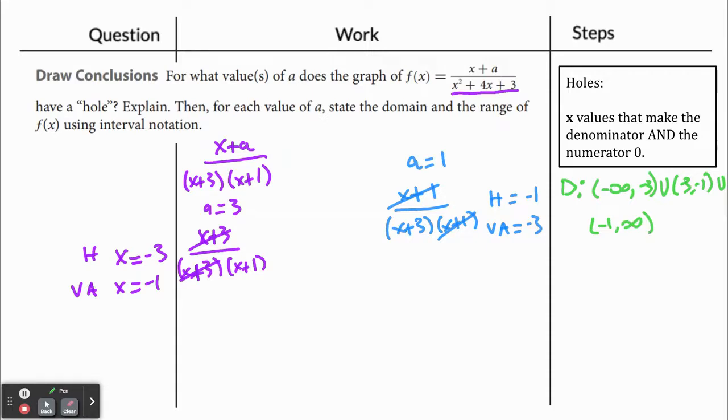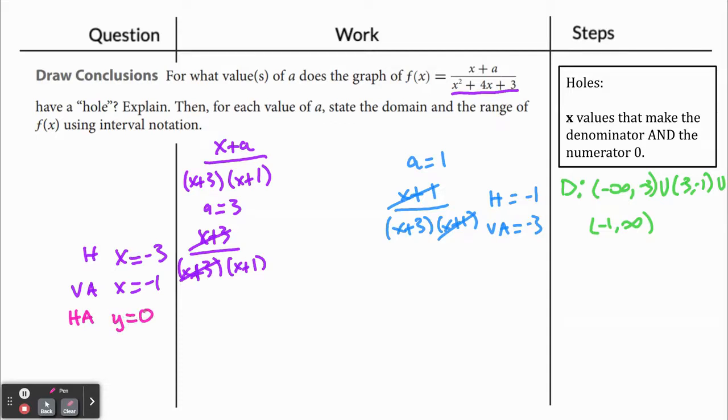The range is a little bit tougher, because in the range, what I need to do is figure out my horizontal asymptote. Because the degree of the numerator is less than the degree of the denominator, I have a horizontal asymptote for both at y equals 0.